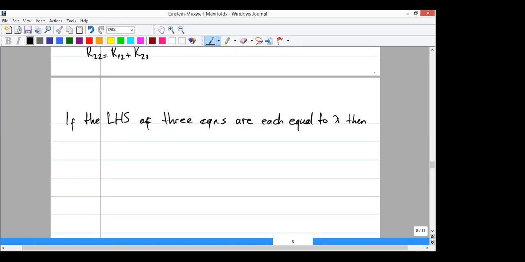We obtain K12 is equal to K13, and that's equal to K23, and that is lambda over 2.